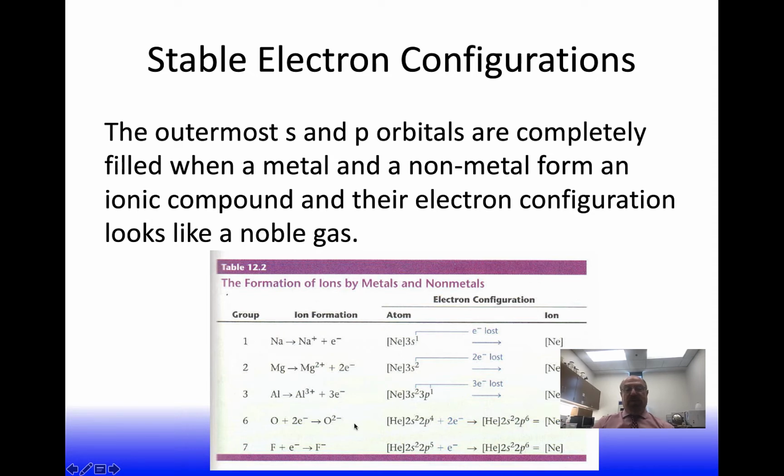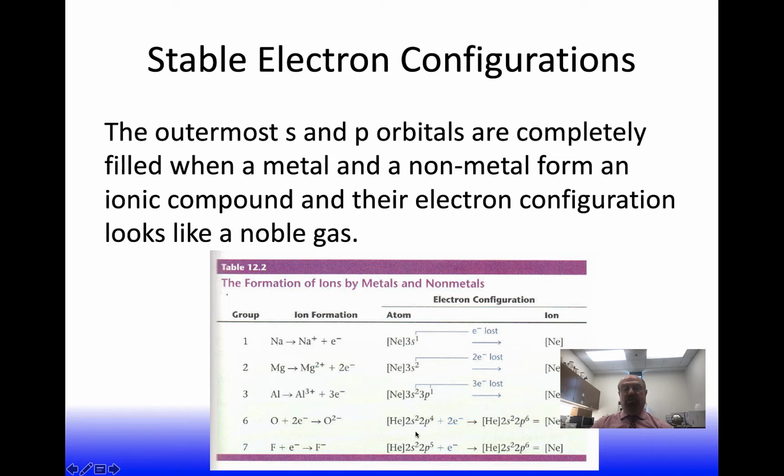Now, if you go up to the second period and look at oxygen and fluorine, look at their electron configurations. So you see that they're like helium, except then oxygen has got 6 total valence electrons. Fluorine has got 7 total valence electrons.